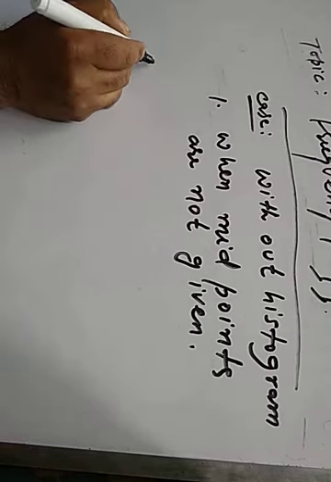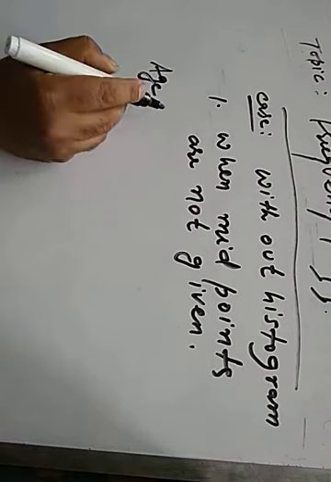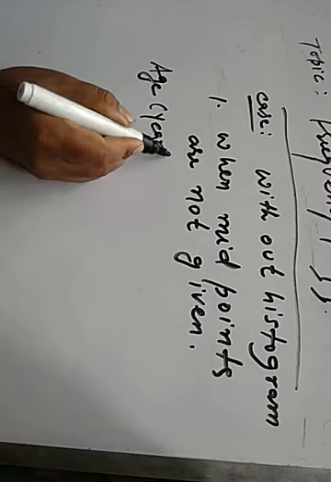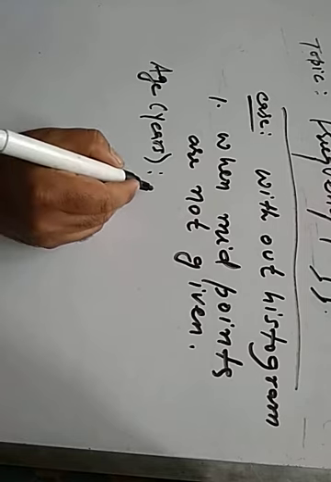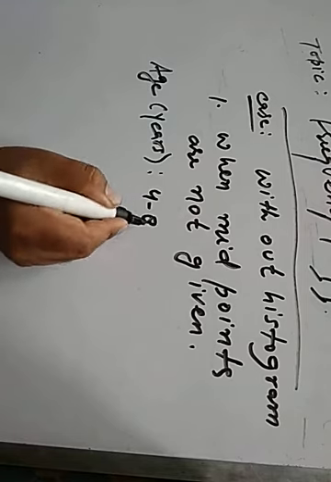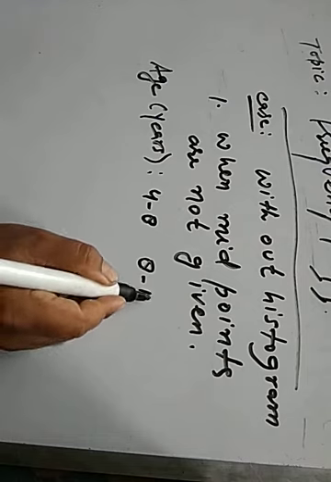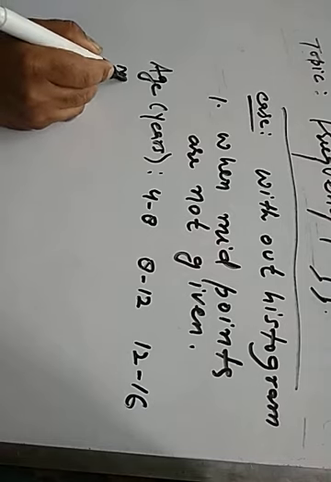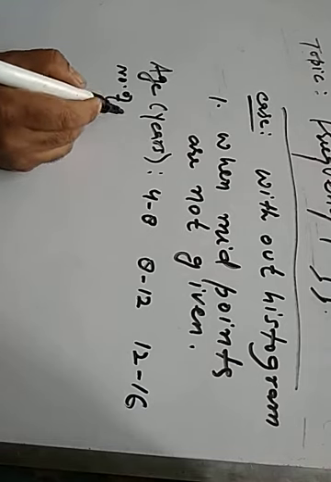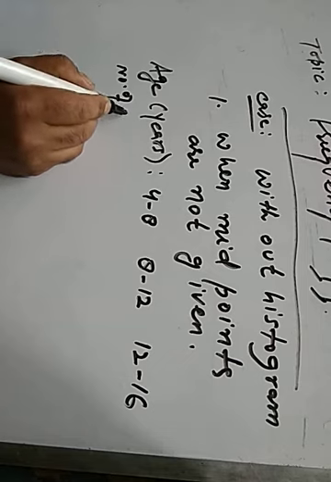Now we will take an example. For example, the data available with us is, this is the variable age in years: 4 to 8, 8 to 12, 12 to 16, and number of persons.